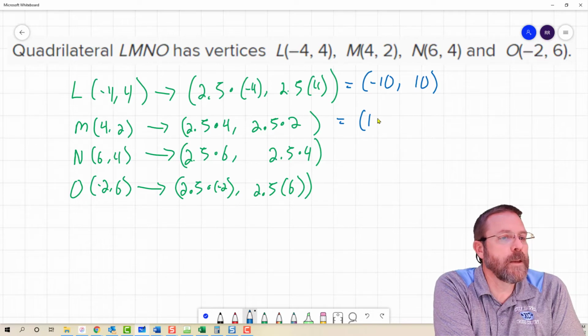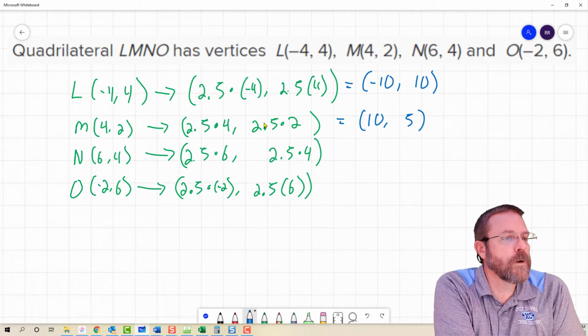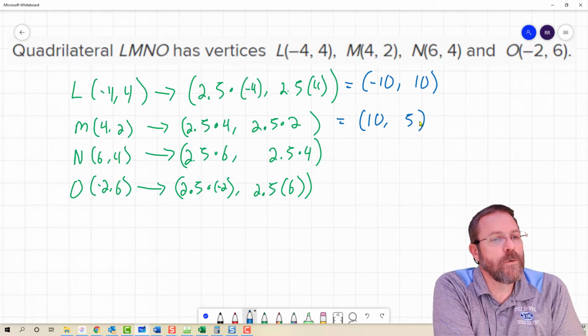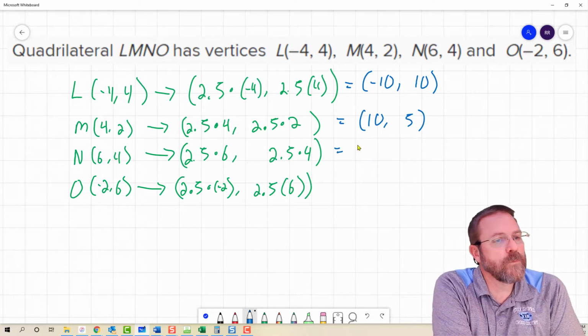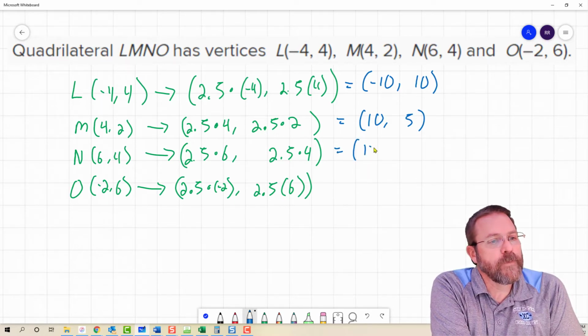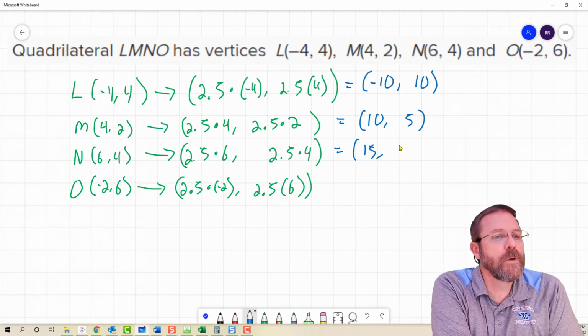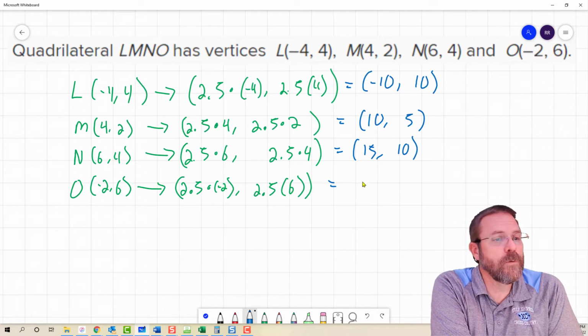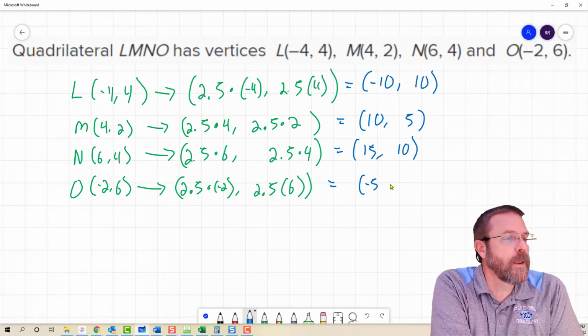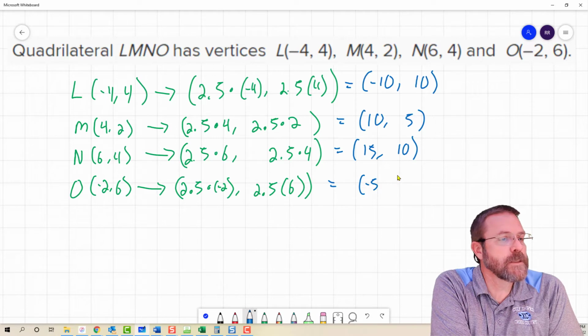It's going to be a 10 again, and then that next one's going to be a 5 for that coordinate, because 2.5 times 2 is equal to 5. 2.5 times 6, well, that's going to be 12 plus 3, which is a 15, and 2.5 times 4, that's going to be 8 plus 2, which is a 10, and then our last set is going to be 2.5 times a negative 2, which gives me a negative 5, and 2.5 times 6, that's going to give me that 15 again that we found earlier.